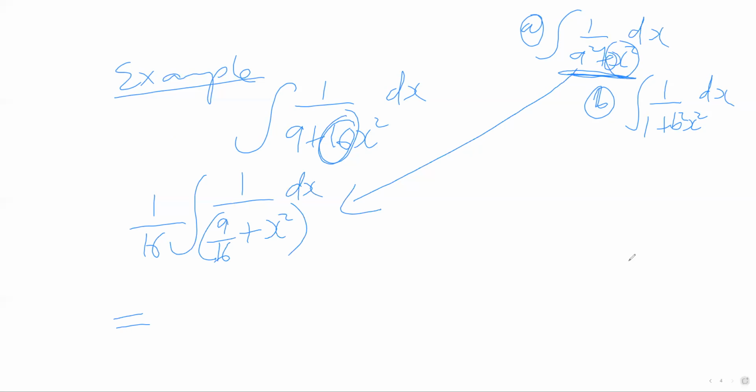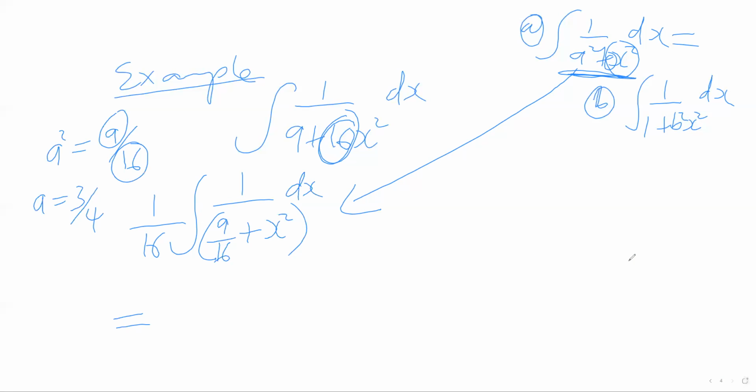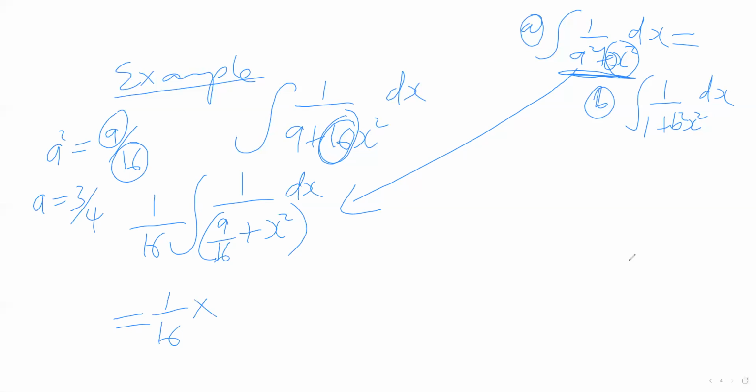Now, when I do that, you actually see that in this case, my a squared is 9 over 16, meaning my a is 3 over 4, the square root of that and the square root of that. That's my a. So meaning if I'm integrating using this criteria, it will be 1 over a tan inverse of x over a. Now in this case, we have 1 over 16 times 1 over a. What is our a? Our a in this case is 3 over 4.